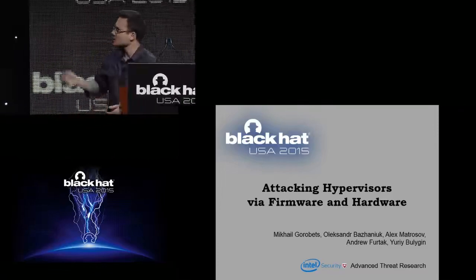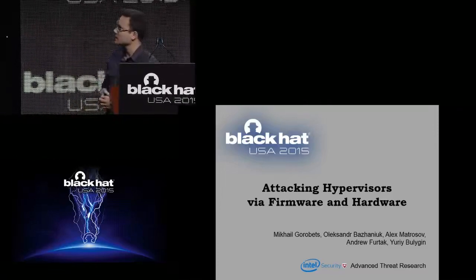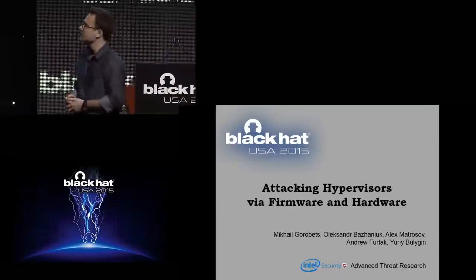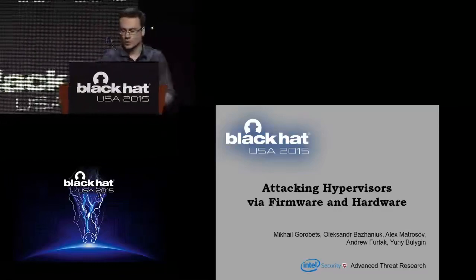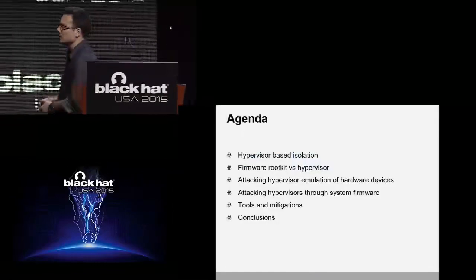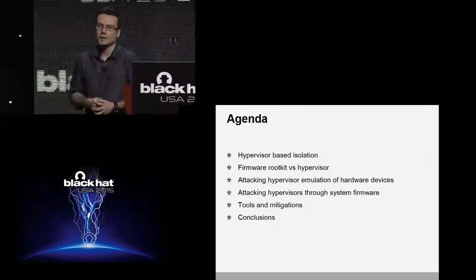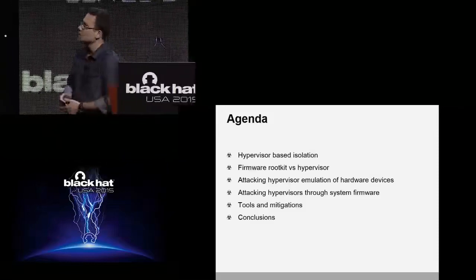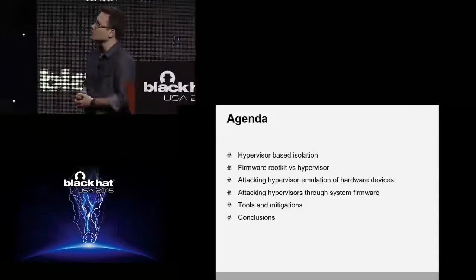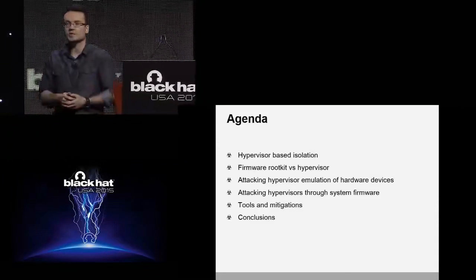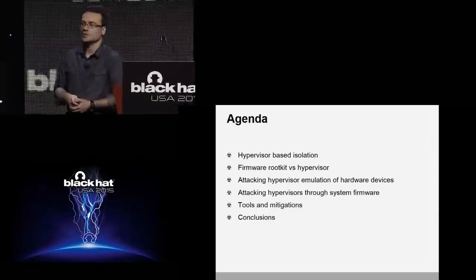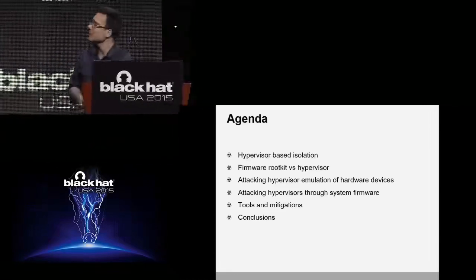The title of the presentation is Attacking Hypervisors from Firmware and Hardware, and we'll explore new attack vectors on the VMMs. So there's a brief agenda. I'll describe hypervisor-based isolation mechanisms and the protections the VMMs offer.